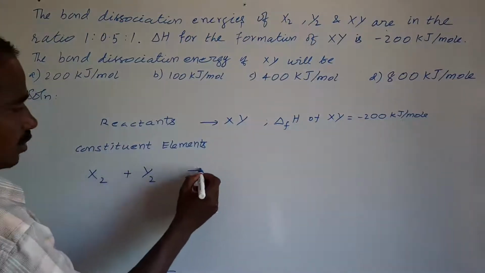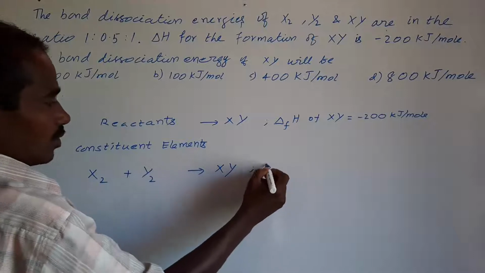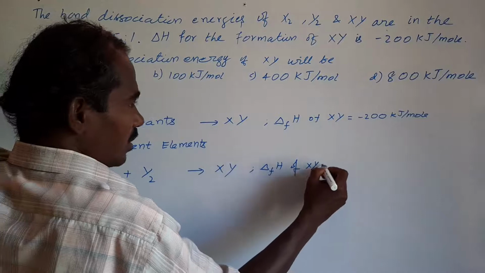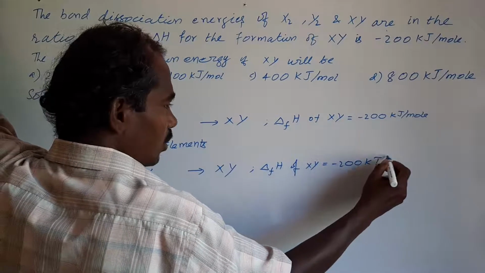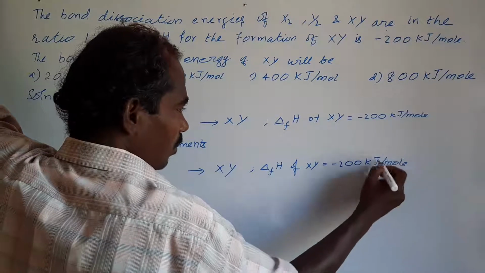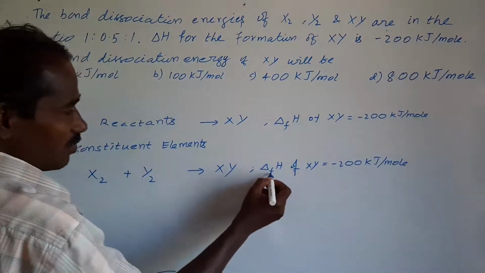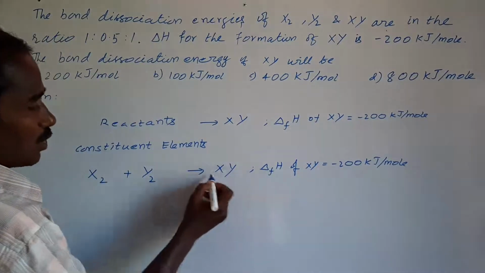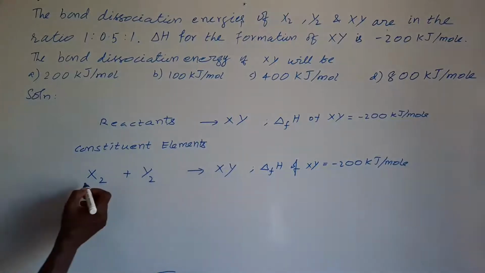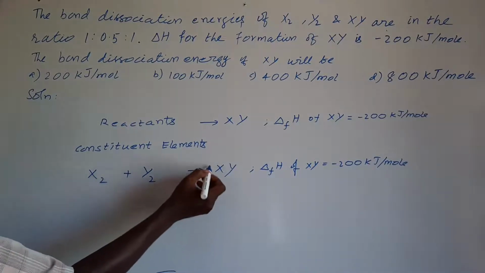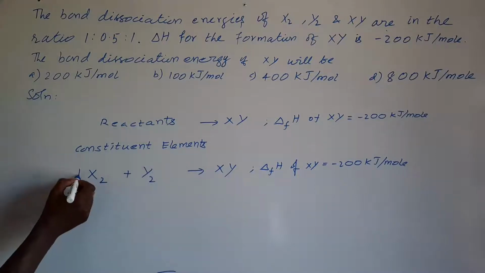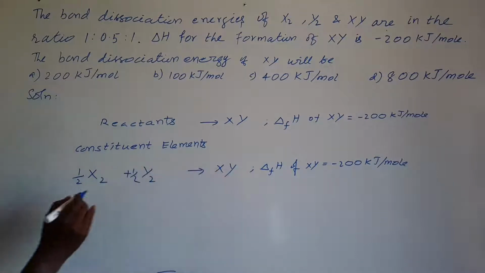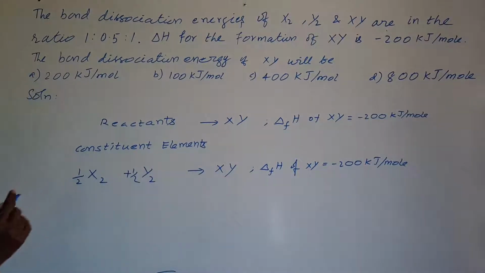So X2 plus Y2 gives XY. Now enthalpy of formation of XY is equal to minus 200 kilojoule per mole. Per mole means 1 mole of XY is formed. So keep this as 1 mole and balance the rest of the equation. To keep this 1 mole, multiply X2 by half and Y2 also by half, so X is 1 and Y is 1. So we got the required equation.